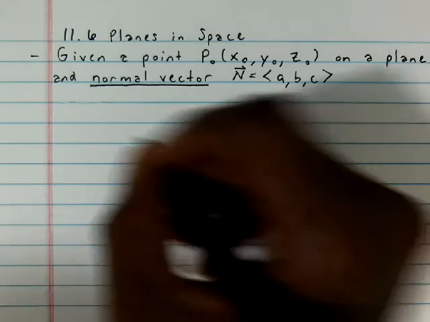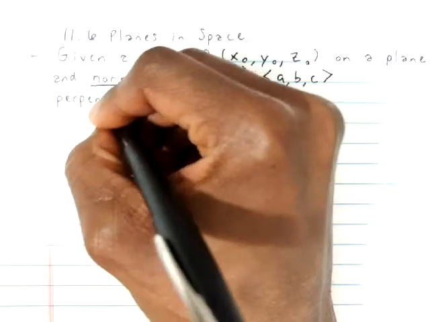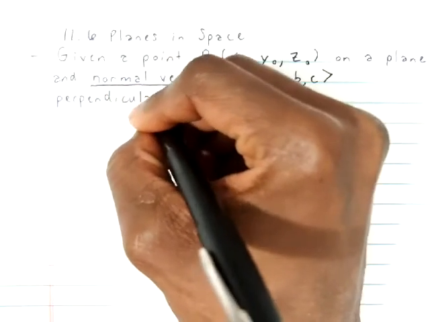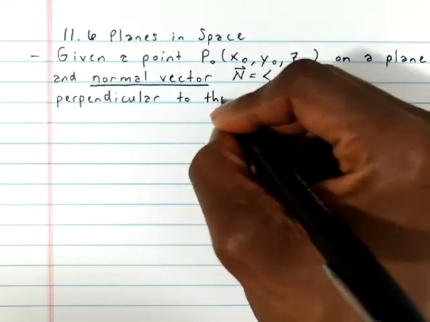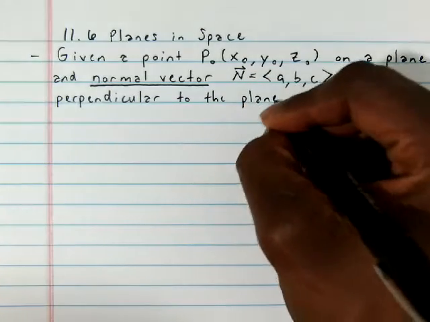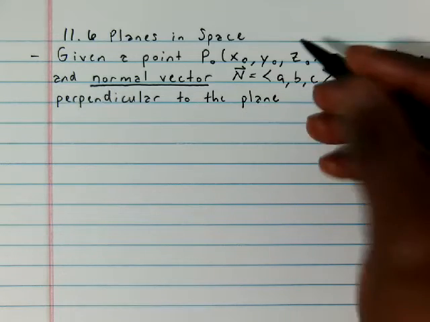So a normal vector N perpendicular to the plane. So that's what it means to be a normal vector. It just means it's perpendicular to the plane.